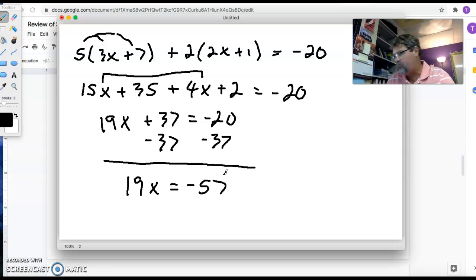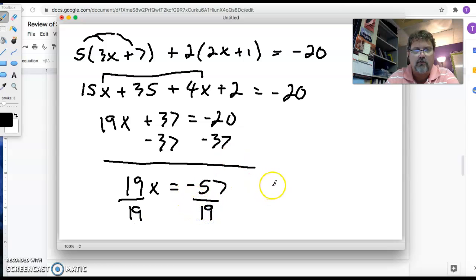And finally, we need to divide by 19 on both sides, right? So x is equal to negative 3.